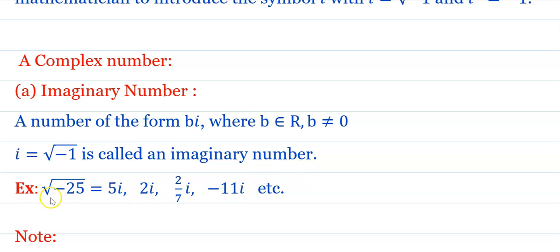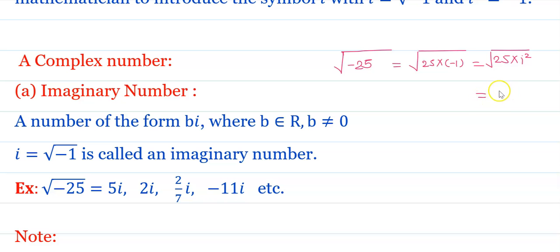Root of minus 25 is equal to 5i. How is it? I can write here like this. Minus 25. Okay. This can be written as 25 into minus 1. Again, it can be written as 25 into i square.